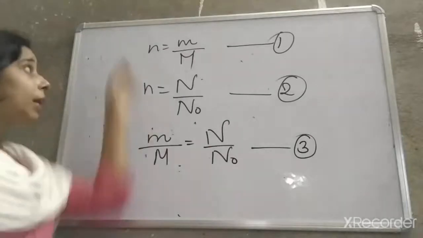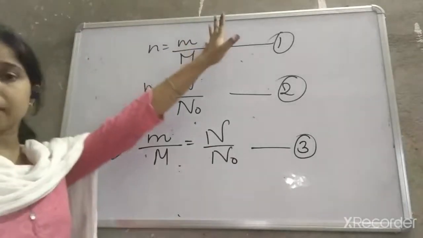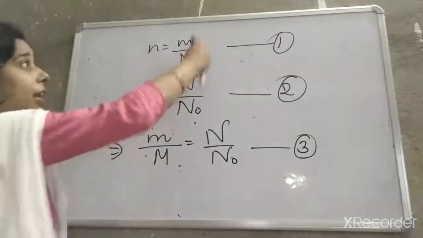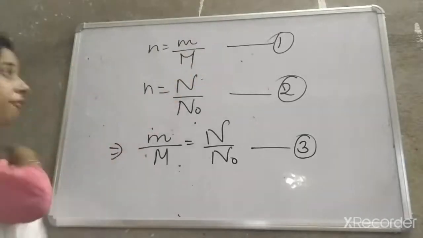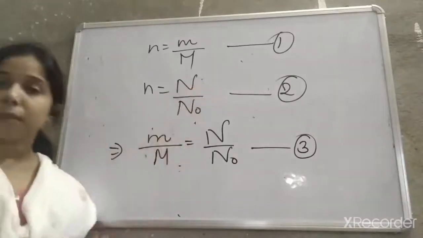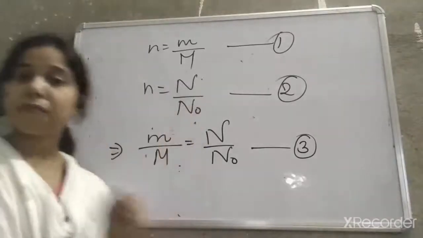If the number of moles is given and the molecular mass is given, then we are able to find the given mass. If the number of moles is given and we know Avogadro's number, then we are able to find the number of particles.